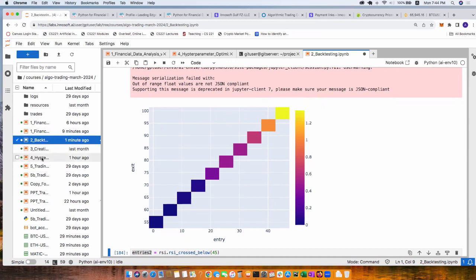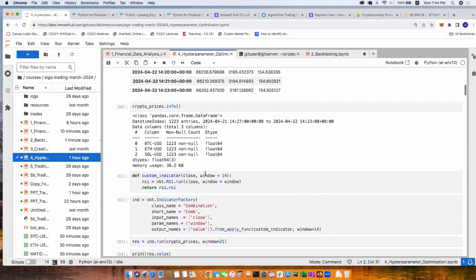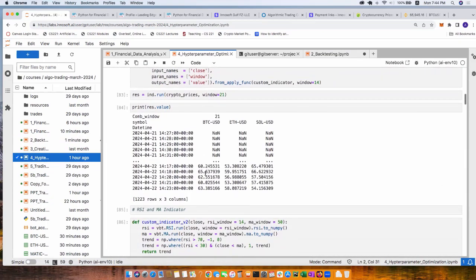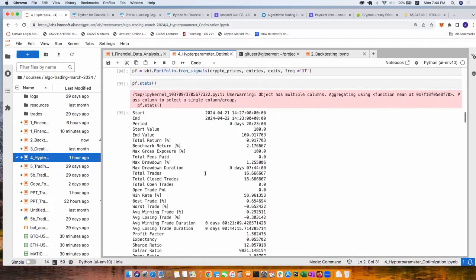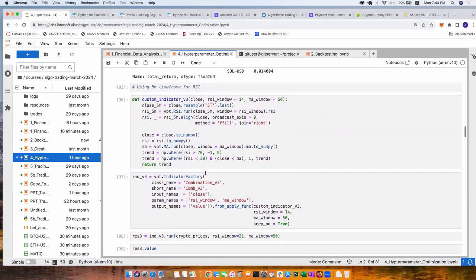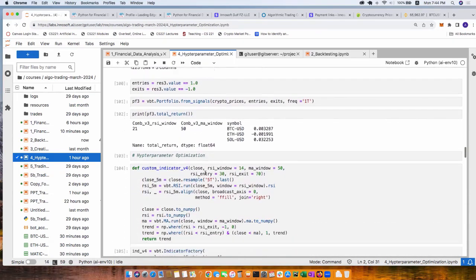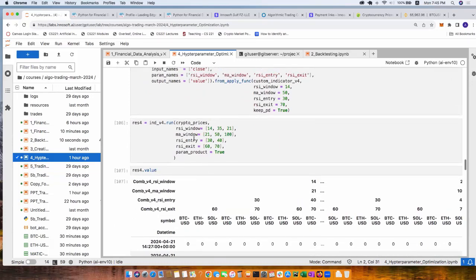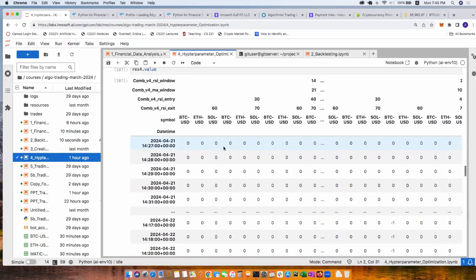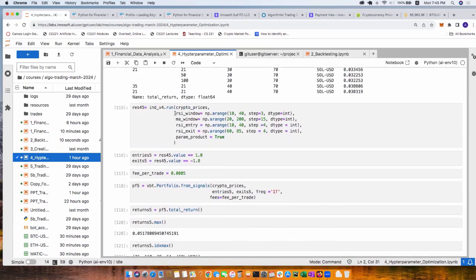Finally, one more idea that I want to share before I go is that you can tune custom indicators. This is where we get into the more advanced part of the course, where you can create your own custom indicators and play with a whole range of values. Let me show you one that's even more involved.